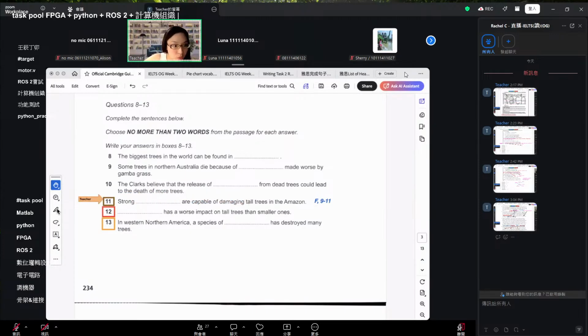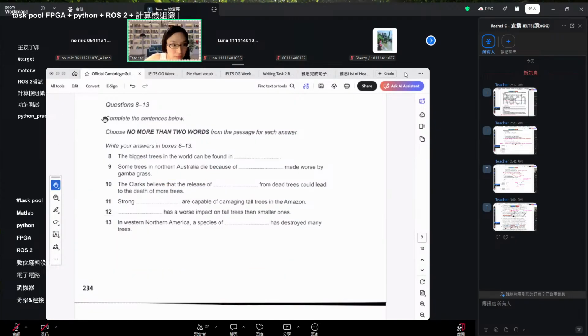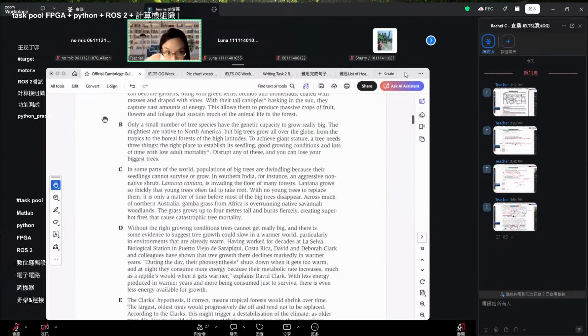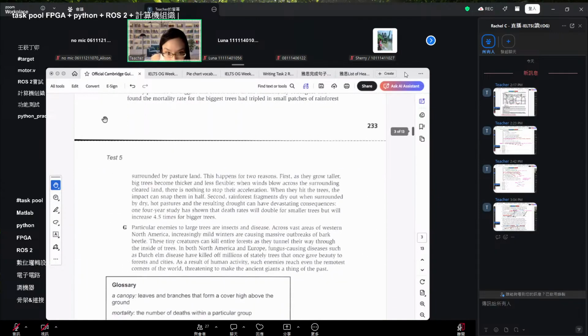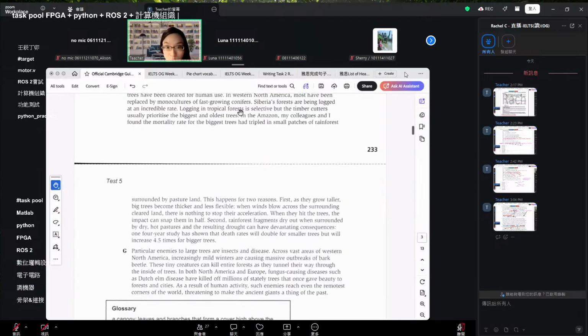So let's get back to where we left off. This is exactly the part we previously finished with the Amazon. Okay, give me a second.